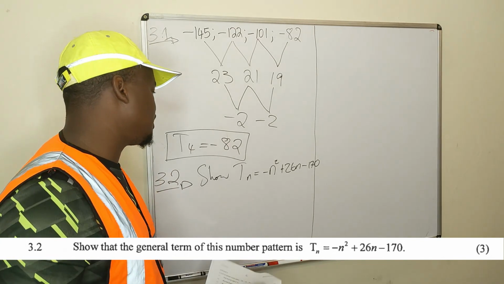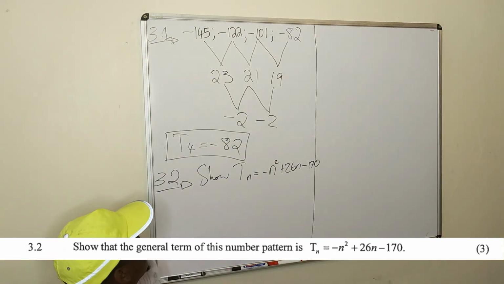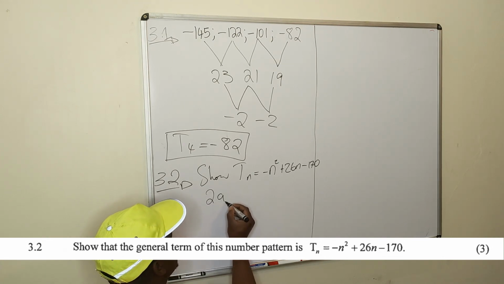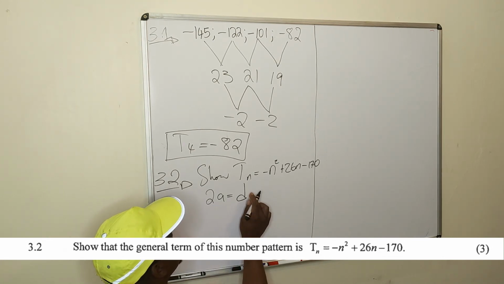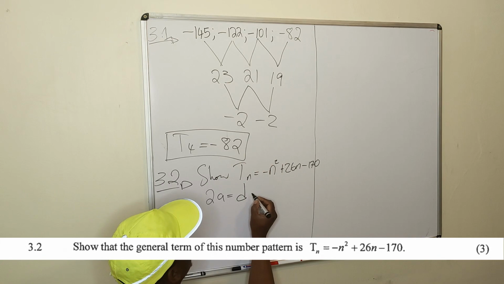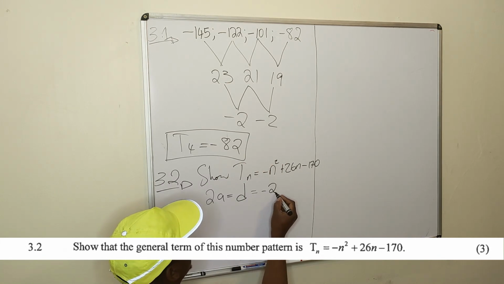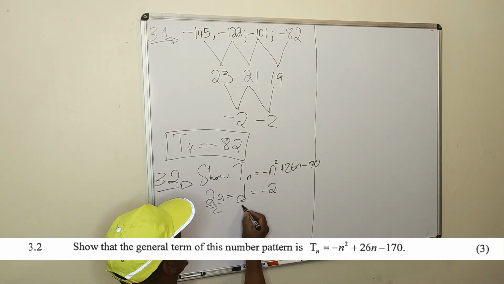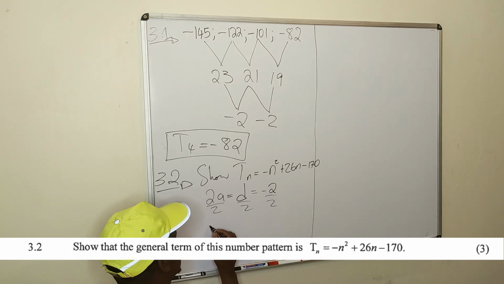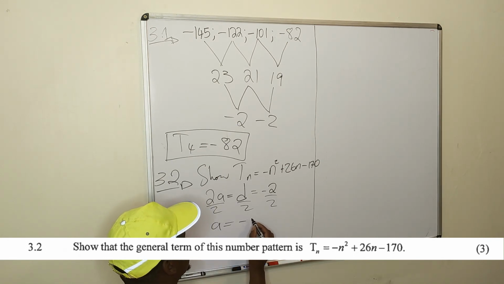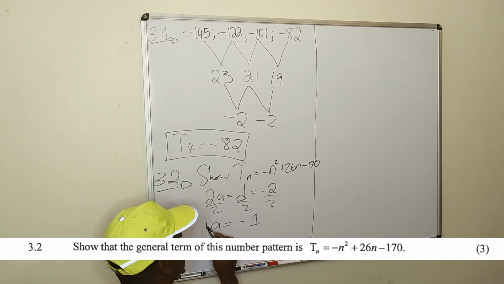So how do we do this? We know that 2 times a is equal to D, where D is our second difference. Our second difference is equal to minus 2, right? So divided by 2, that means our a is equal to negative 1.